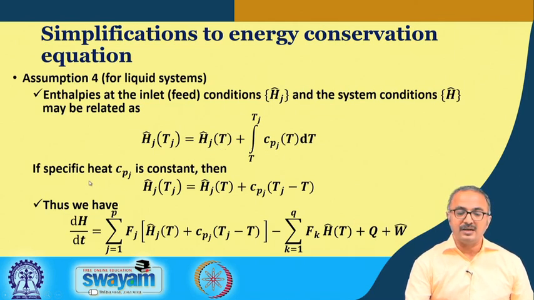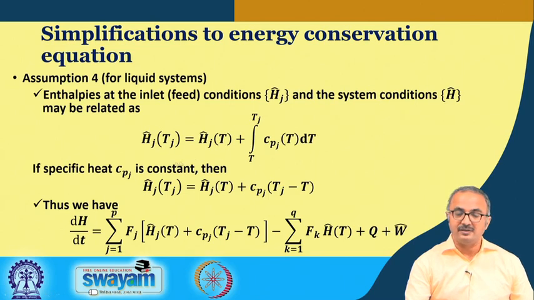Now, we know that the specific heat can be taken to be constant for liquids many times. So, if we do so, then this particular integral will be reduced to simply Cpj into (Tj minus T). Okay. So, this is another simplification we can do for the liquid systems.